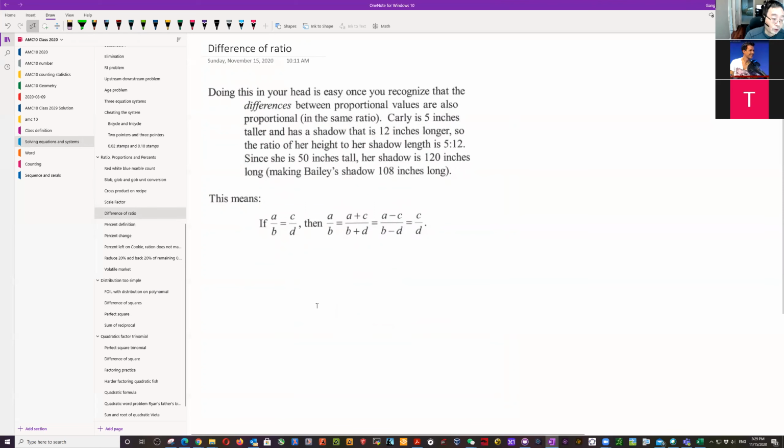And there's one more thing: given that those two ratios are the same, there is more to it. Basically, you can subtract, A over B equals A plus C over B plus D, and so their difference is also the same.